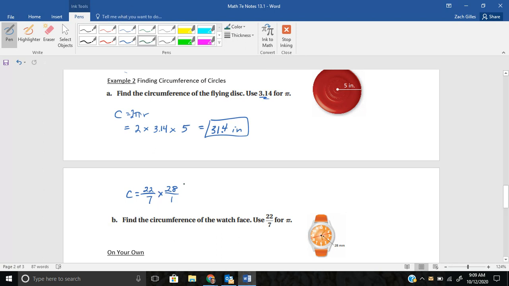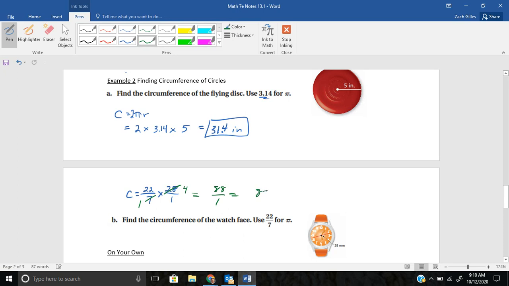Right? And before I multiply, I'm going to make life a little bit simpler on myself, and I'm going to simplify. Divide each of these by 7. 7 divided by 7 is 1. 28 divided by 7 would give me 4. And then I can just multiply across. So 22 times 4 would give me 88 over 1 times 1 is 1.